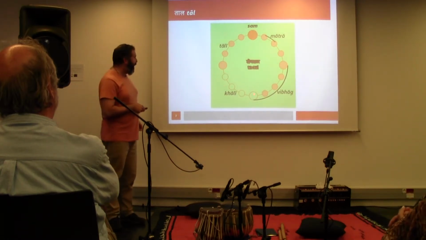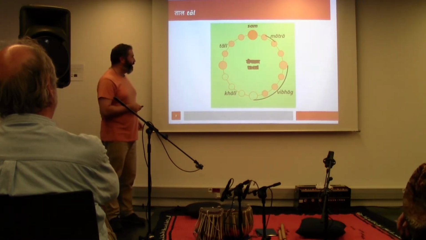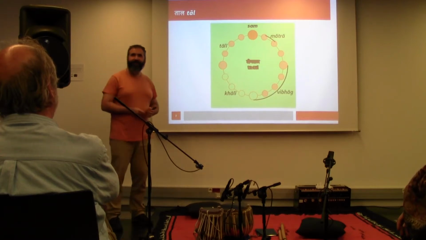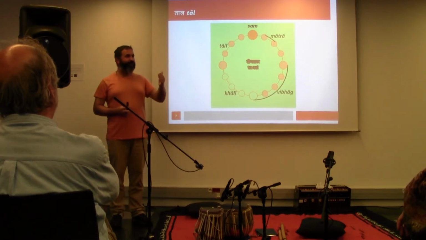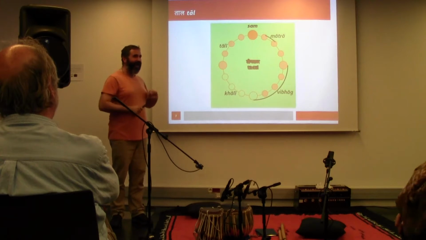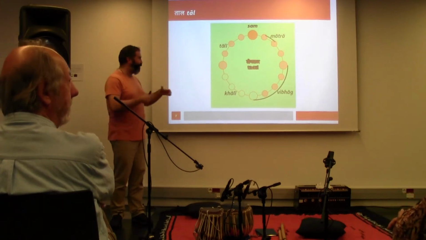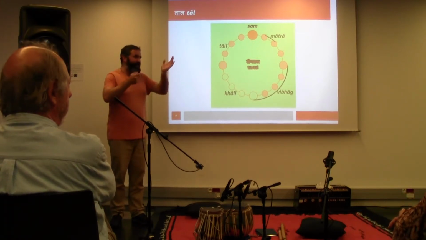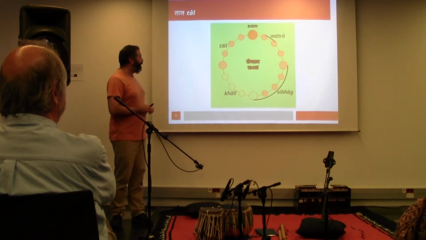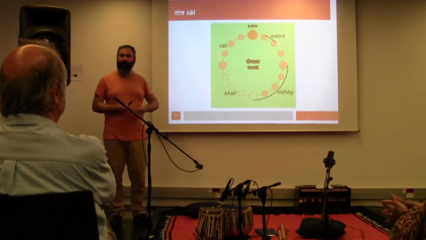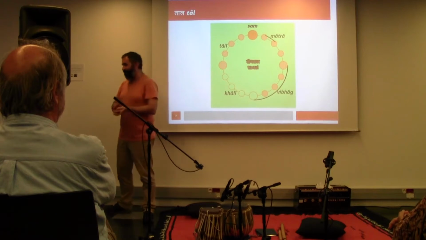And when the circles are empty, we call the vibhag a kali. Perhaps Amit could explain later what is the difference between tali and kali. I invite him later to demonstrate tin tal, if he wants. So there are 2 qualities that are also expressed when we fold the tal with the hands.